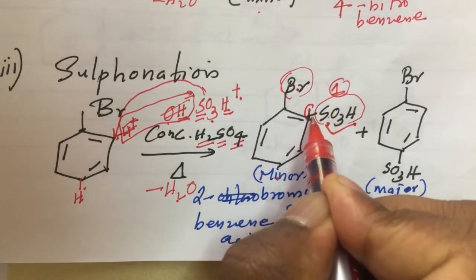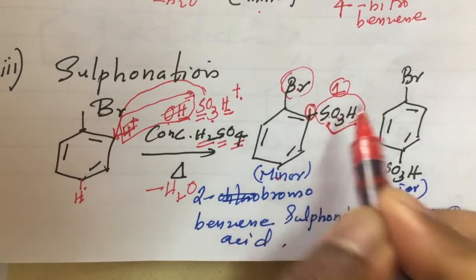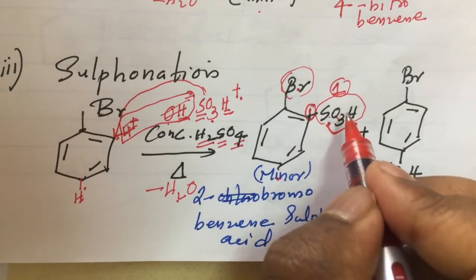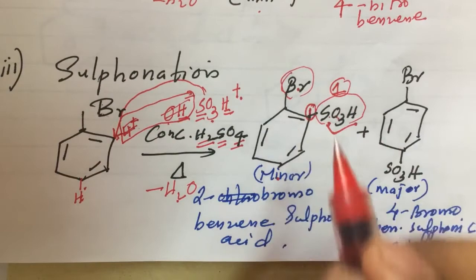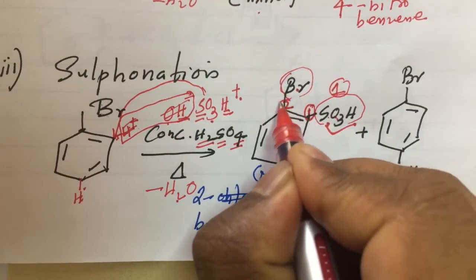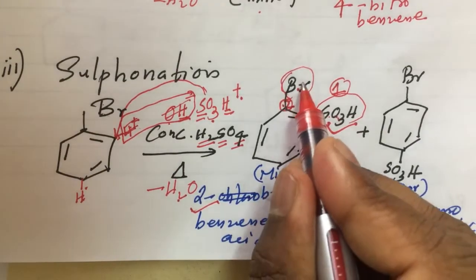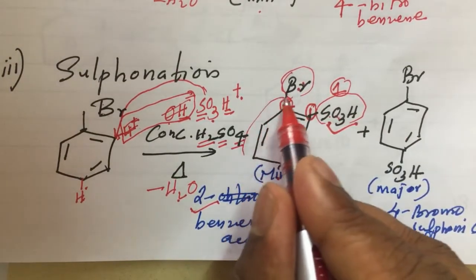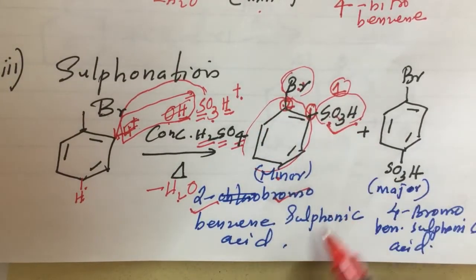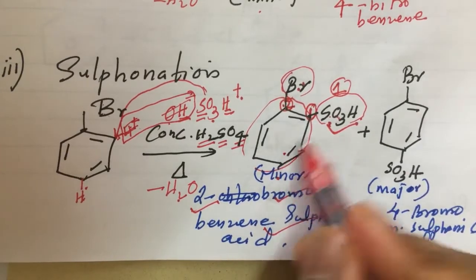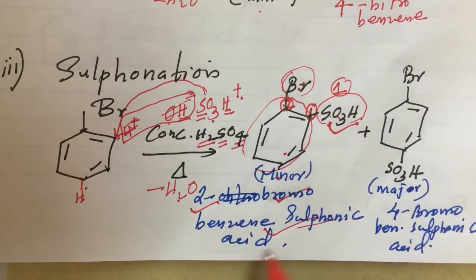This carbon is number 1 because SO3H is the functional group, and this position is number 2. So 2-bromobenzene sulfonic acid.